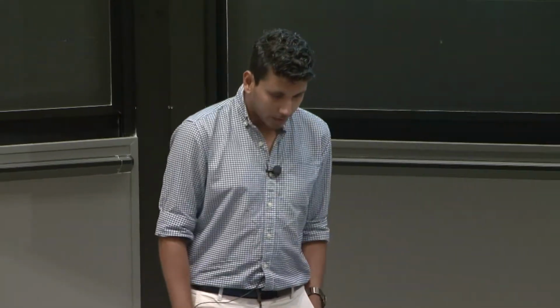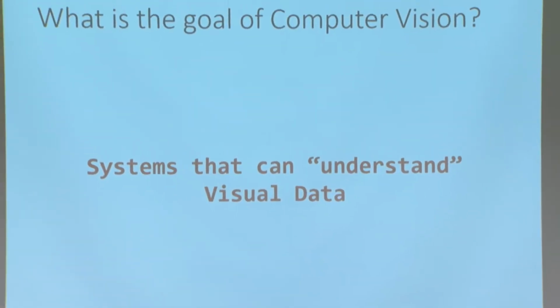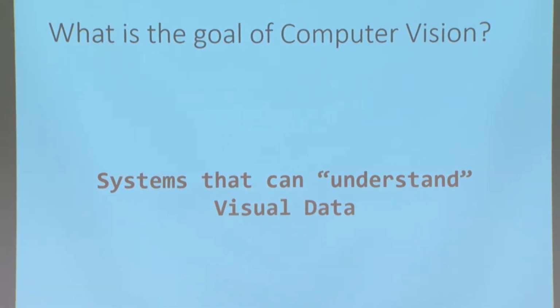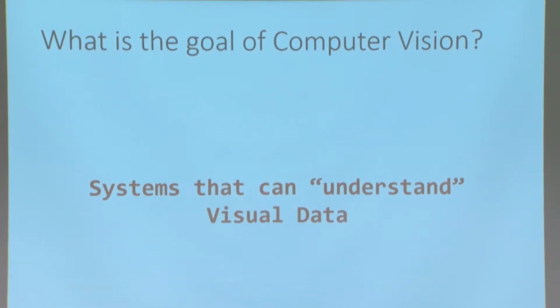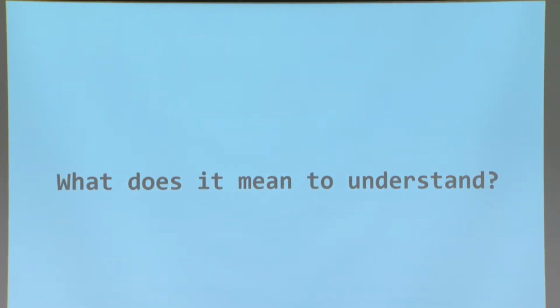So let's start with some basic motivation first. What is the goal of computer vision? As I would like to state it, we want to design systems, in this case a robocar, or probably some other car or UAV, that can understand from visual data. So what do we mean when we say understand?